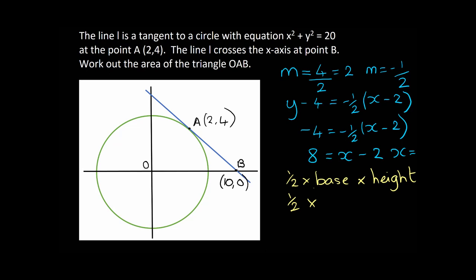So the base is OB, which we now know is 10 long. And the perpendicular height will be from A straight down, and therefore that's 4. So a half of 10 is 5, times 4 is 20, and that's the area of our triangle.